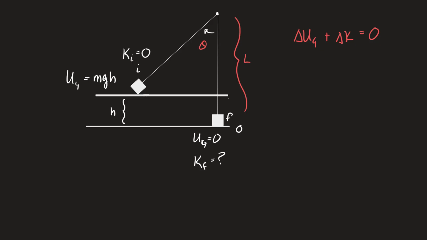In fact, if you want to know how fast the child is going at the bottom, this is probably the way to do so. Now here's our statement of conservation of energy. It says that the final potential energy minus the initial potential energy plus the final kinetic energy minus the initial kinetic energy has to equal 0.